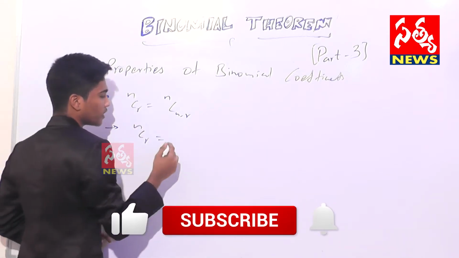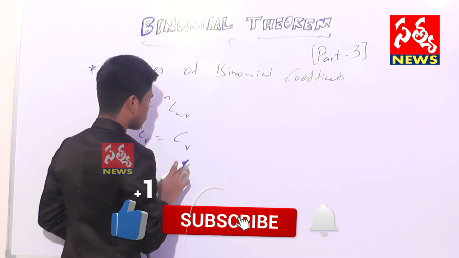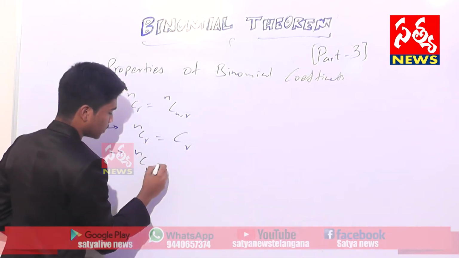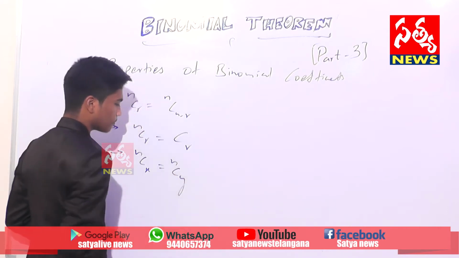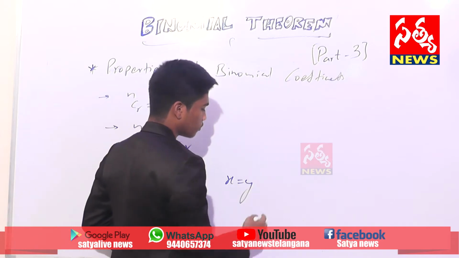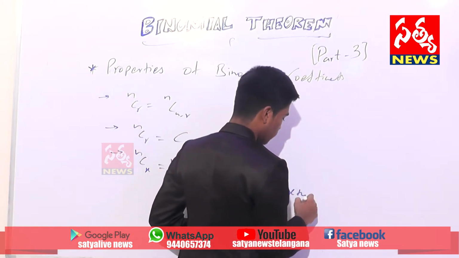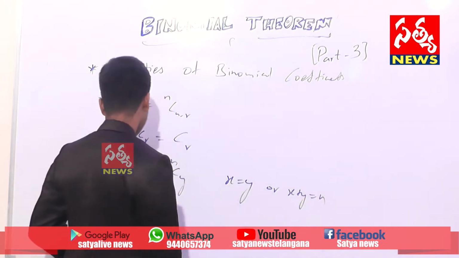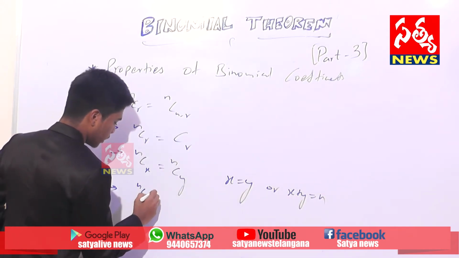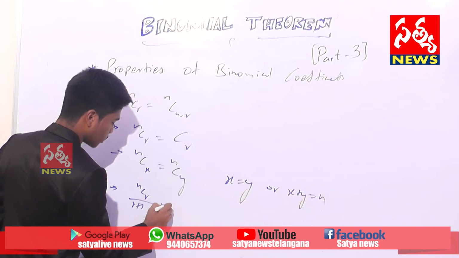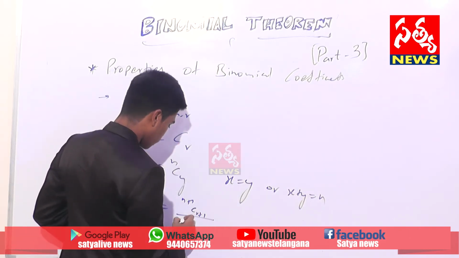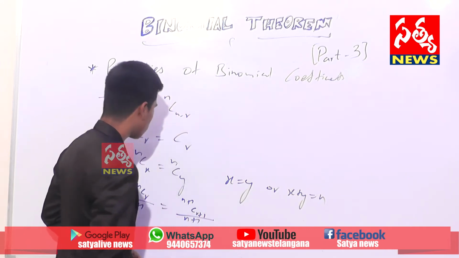The representation of nCr will be like this. If nCx equals nCy, then there are two conditions: x equals y or x plus y equals n. The next is nCr by r plus 1 is equal to (n plus 1)C(r plus 1) by n plus 1.